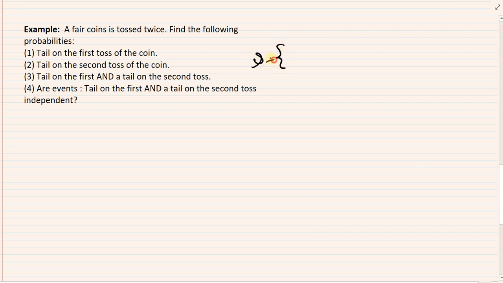So our sample space is a head or a tail, and the probability of each of those is 1/2. In question number 1, what is the probability of tail on the first toss? That's probability of T1, meaning on the first toss. It's going to be 50-50.